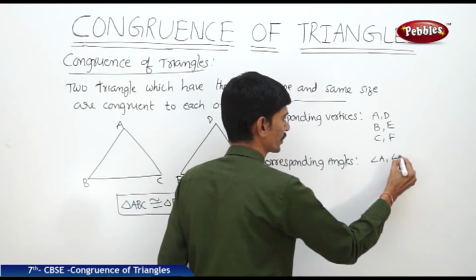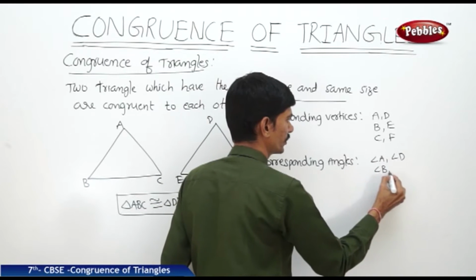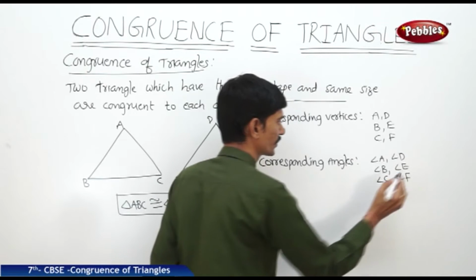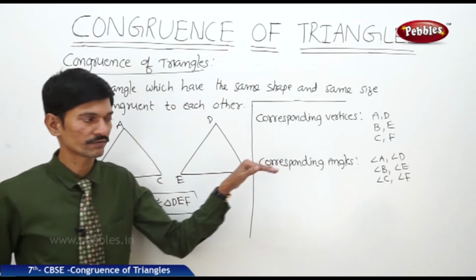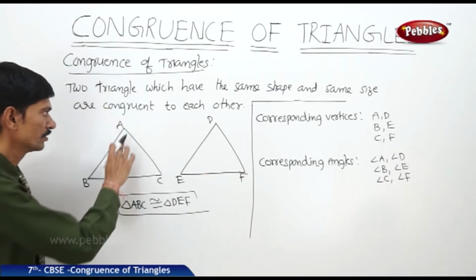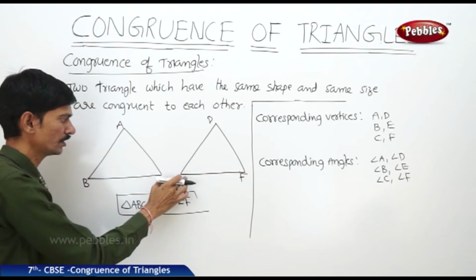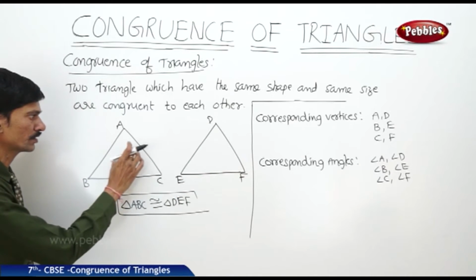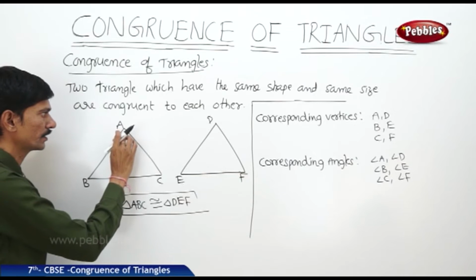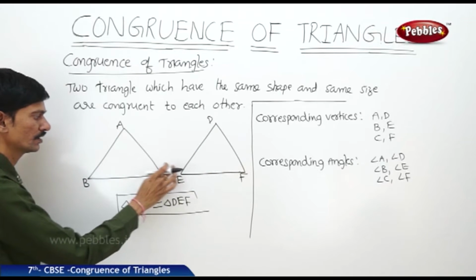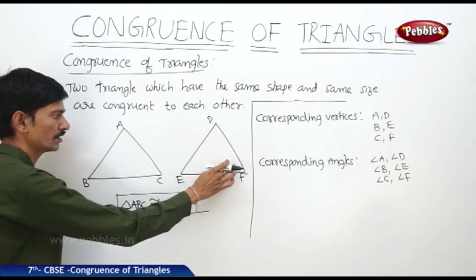Angle A comma angle D, angle B comma angle E, then angle C comma angle F. So when the two triangles are congruent, angle A corresponds to angle D, angle B corresponds to angle E, and angle C corresponds to angle F.